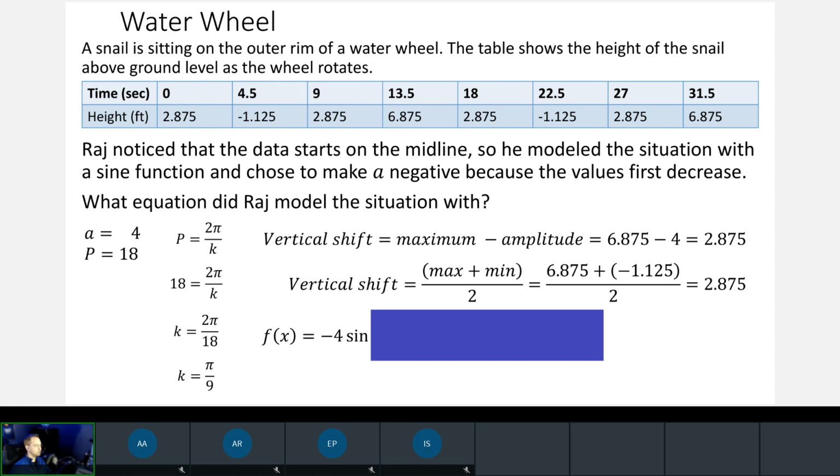You saw nothing. It's negative because it reflects, and that's what it said in this problem. We're making it negative because instead of going up first, it goes down first. All right, and we just plug in the other stuff.